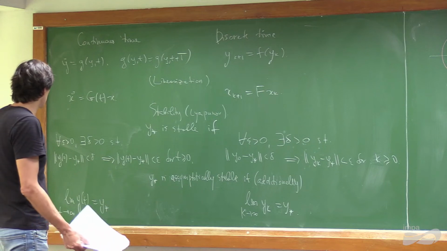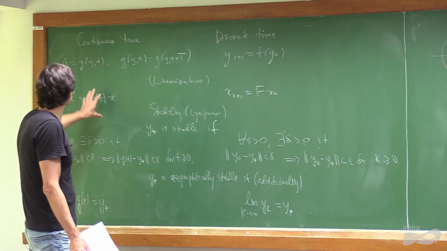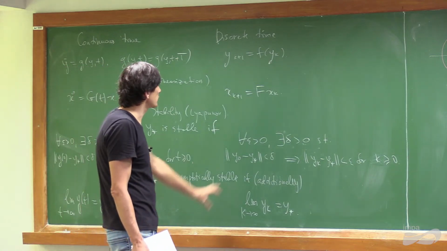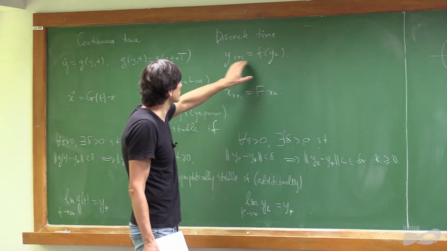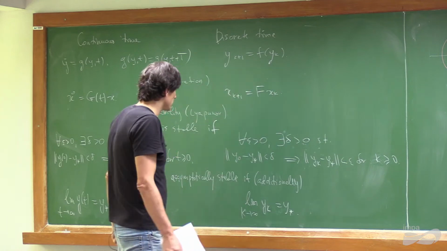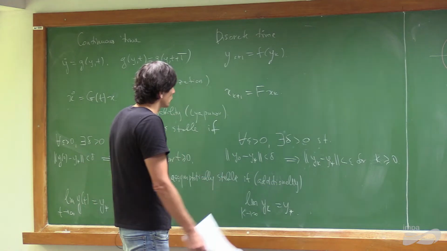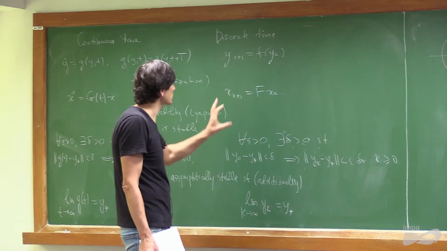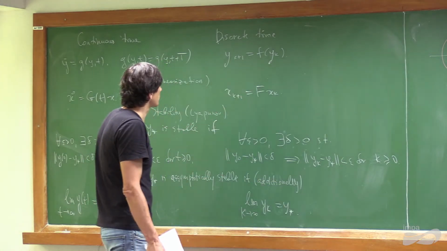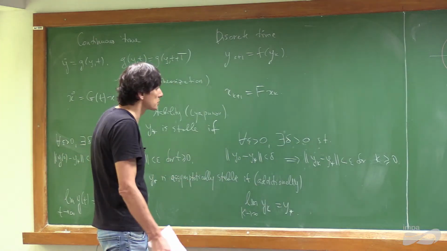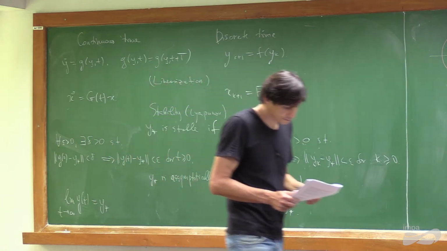It's hard to determine stability in a continuous time formulation, and it's easier to do it in discrete time because we don't have time explicitly. So it's an autonomous system. At the same time, the conditions are equivalent. So we just need to solve the problem of stability for the discrete time formulation because these two formulations are equivalent.